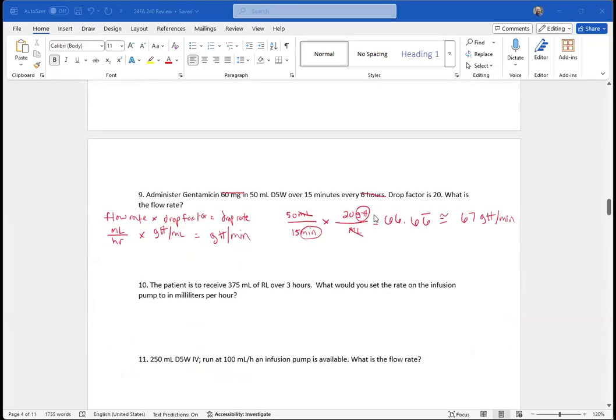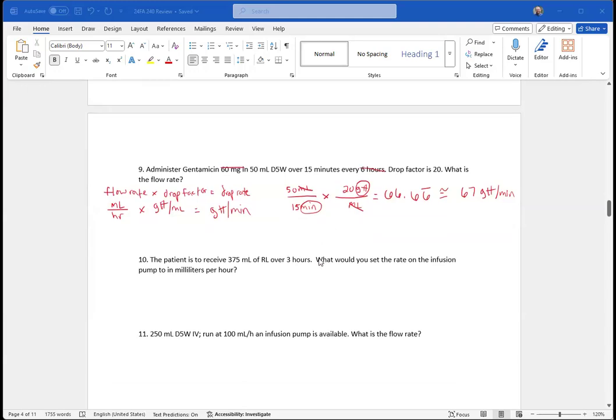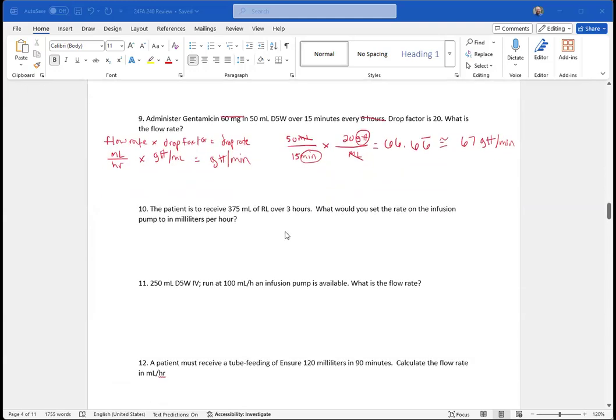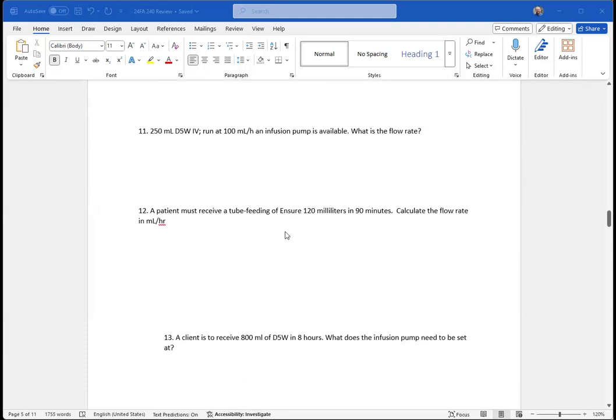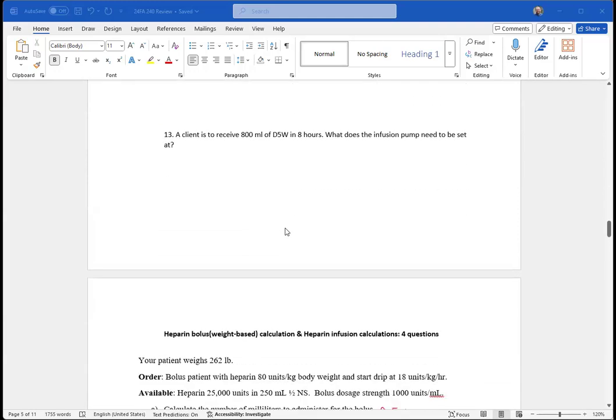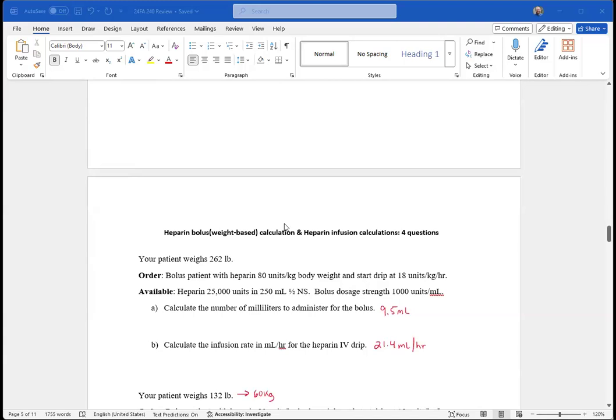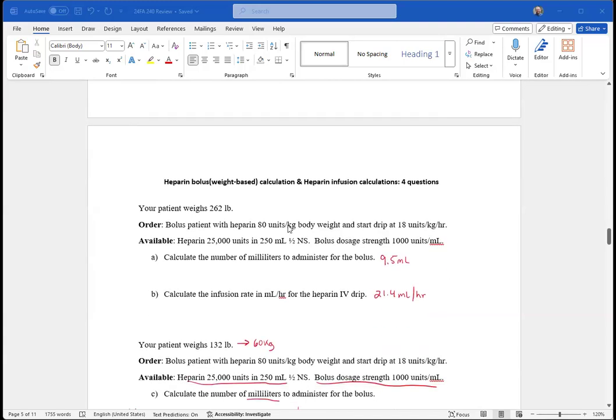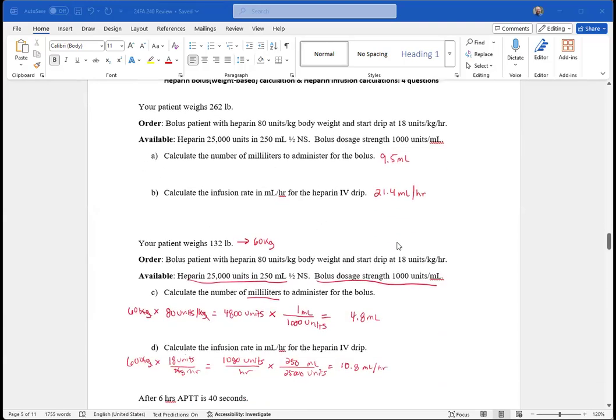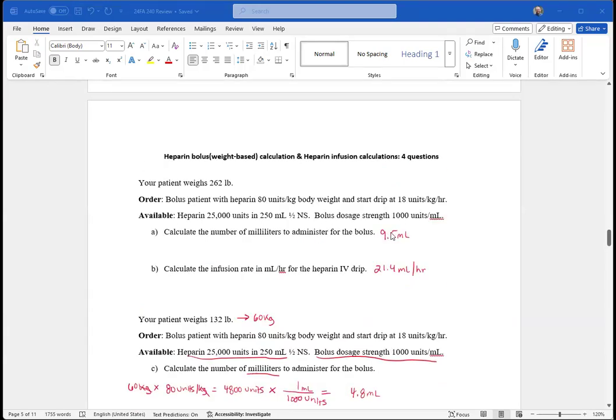Here, let's see if I can find another question like this gentamicin question. Here, I wrote the answers to these. Let's go through this question. Since I only wrote the answers, I'll at least work through these so you can see how they're solved, even if you already know how to do it.